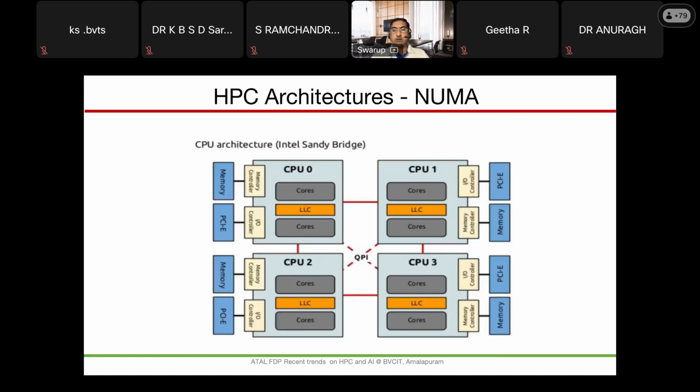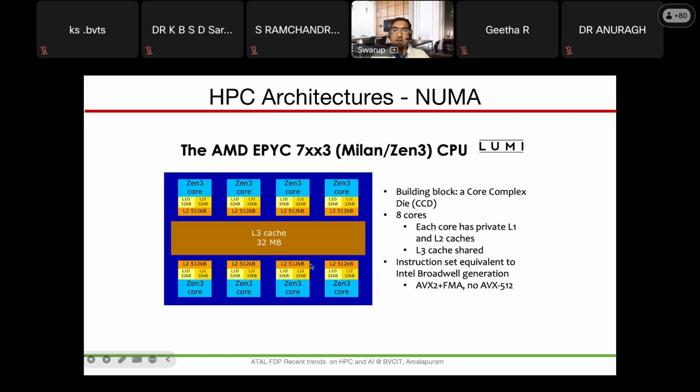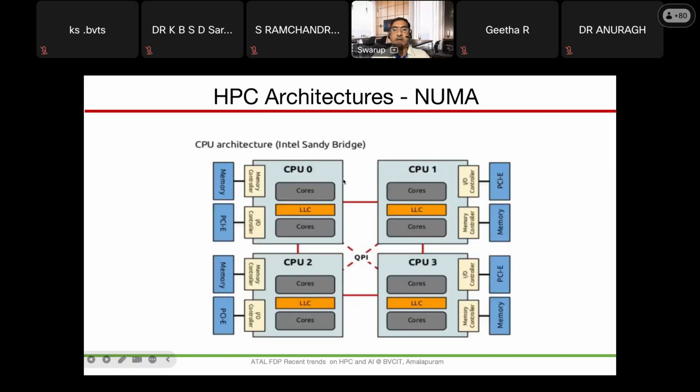Now we come to the NUMA architecture, non-uniform memory access. I think you can see the cursor as I move it. You see CPU 0; you have 4 CPUs in a node, which are connected using a high performance interconnect, QPI, Quick Path Interconnect, in the case of Intel.